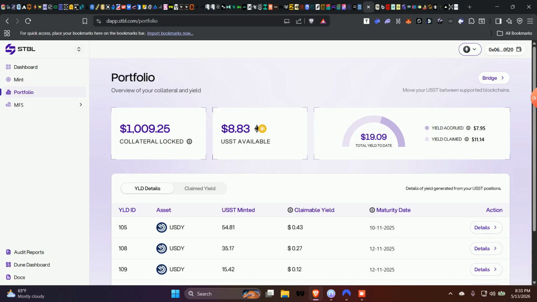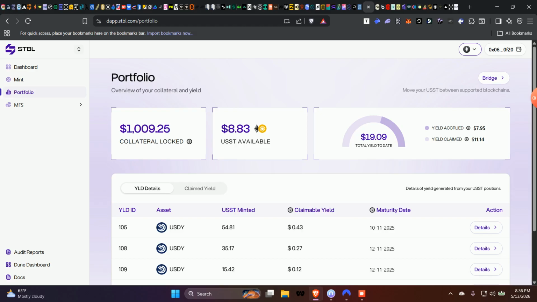You mint the USST. You sell the USST, and with the USST that you minted, you buy more USDY. Then you mint that with another $1,000 position, and you get USST. Then you swap the USST out for USDY again, and mint another position. You see where I'm going with this?